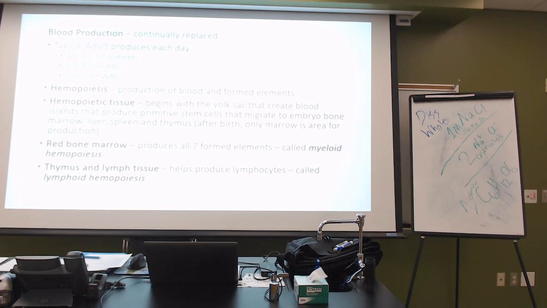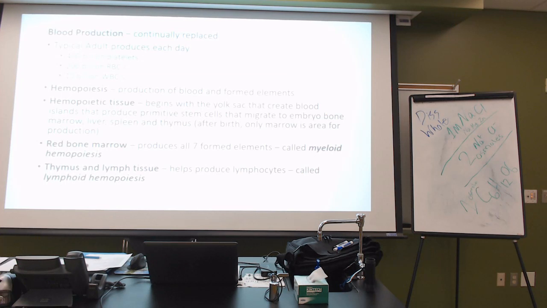At that point, it creates what are called blood islands, because we've got to give rise to the red blood cells, white blood cells, platelets. So they're going to form islands that produce primitive stem cells. Very early in embryonic development, this is occurring.